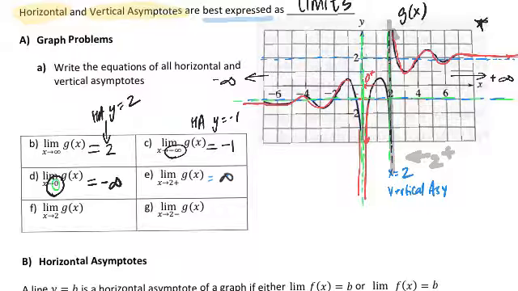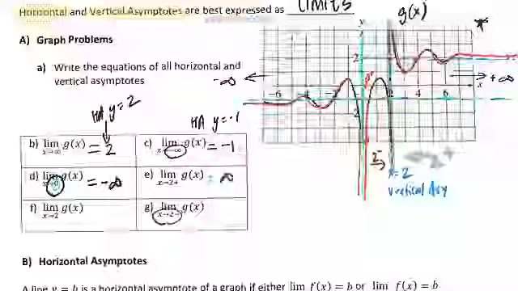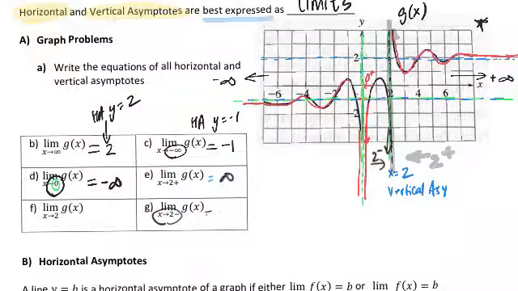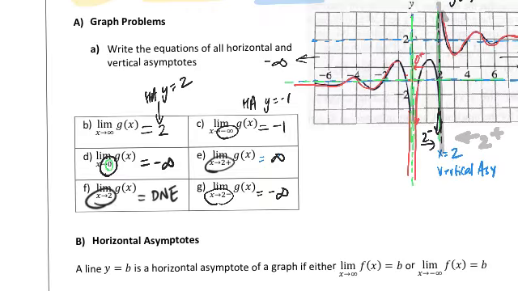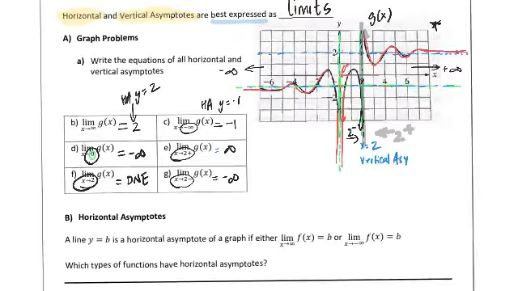And x coming in from the left to 2, we're going to negative infinity because y is going down without bound. So overall, since the right and the left limits are different, the overall limit at x equals 2 is DNE. So that's just a quick overview.